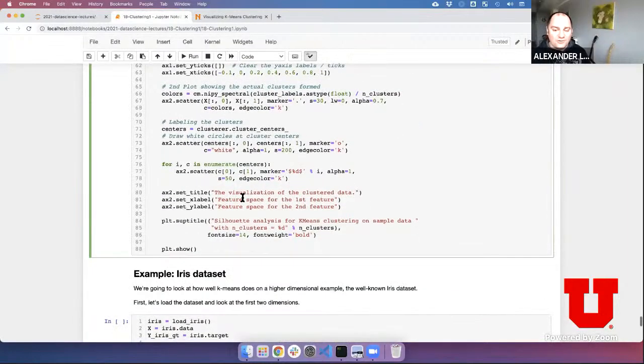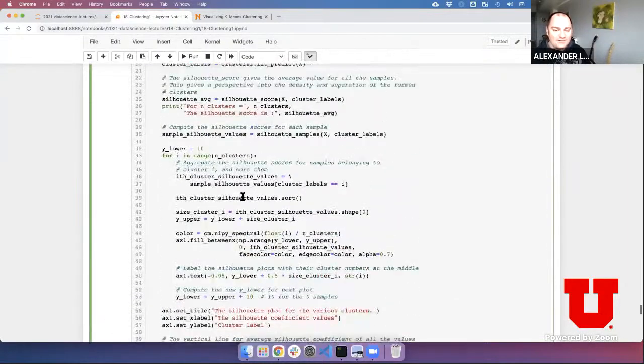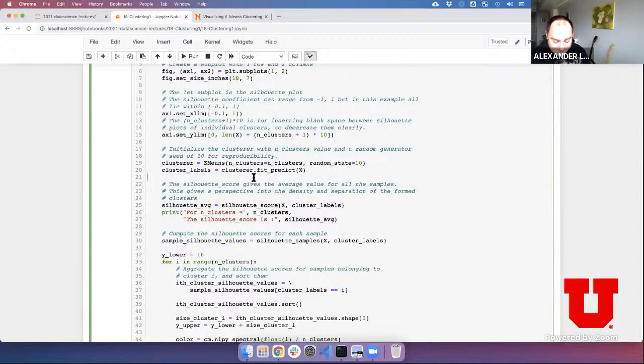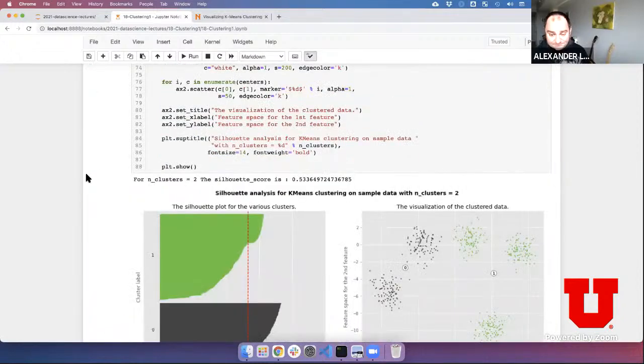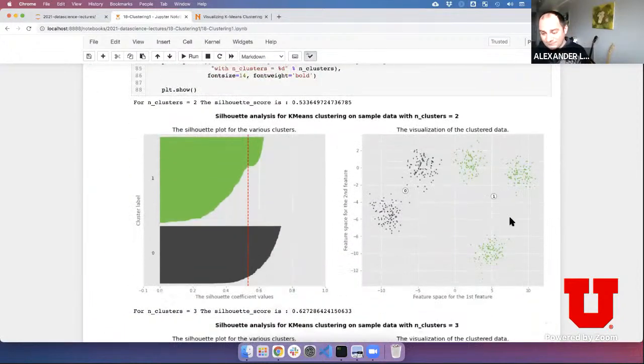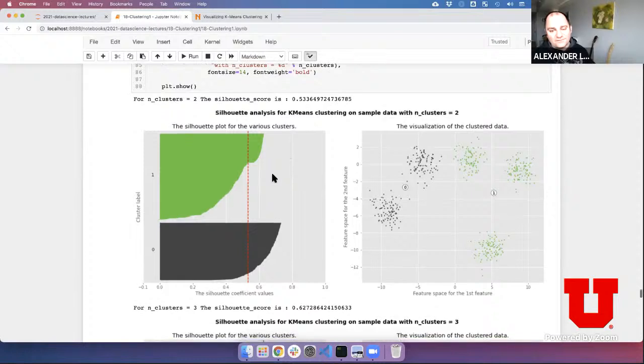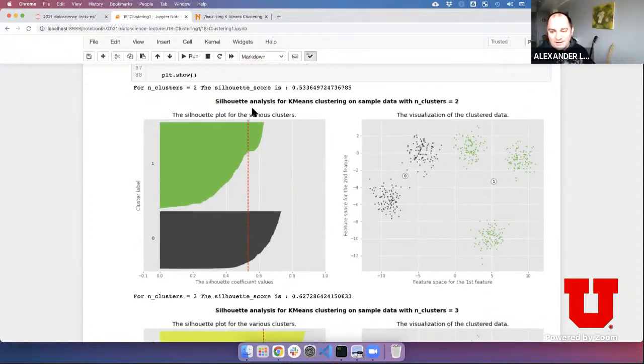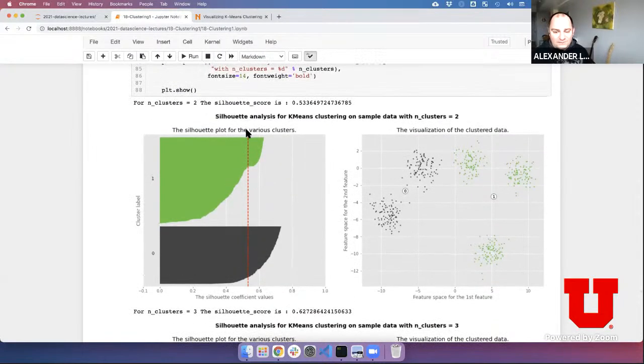I'm not going to go through that. This is just a lot of code that does mostly plotting and a little bit of clustering. But if we run this for these 5 Gaussian blobs and try it out with a couple of different numbers of clusters, the red line here is our overall silhouette score, and for each item we have the silhouette coefficients, right?